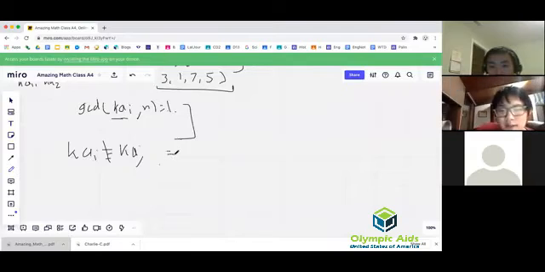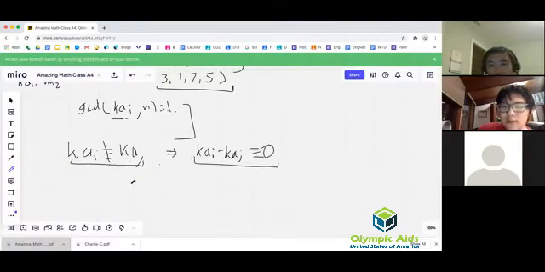To see that k a_i is not k a_j, we can kind of divide by k, but I said that division doesn't work, so we need to be more careful. If these two are equivalent, then k a_i minus k a_j equals 0. Then you can factor out the k.